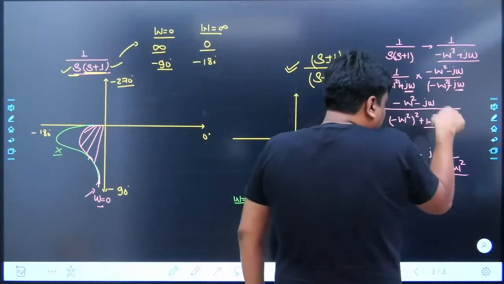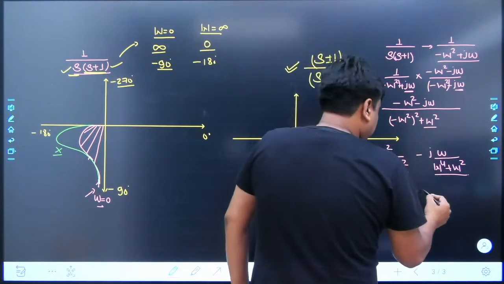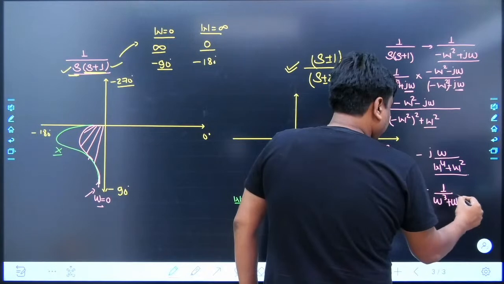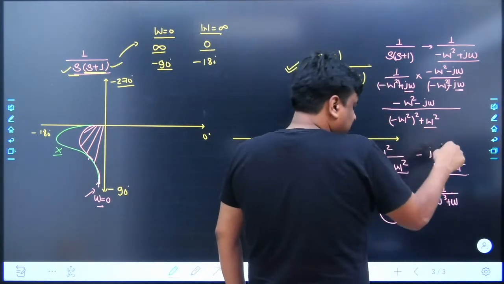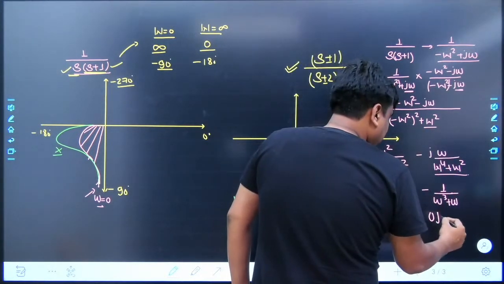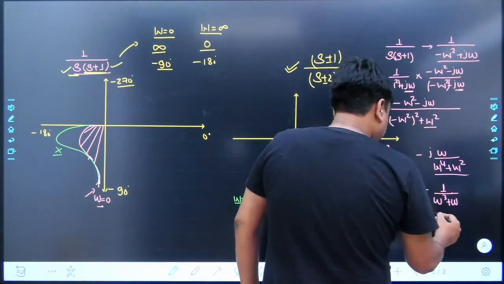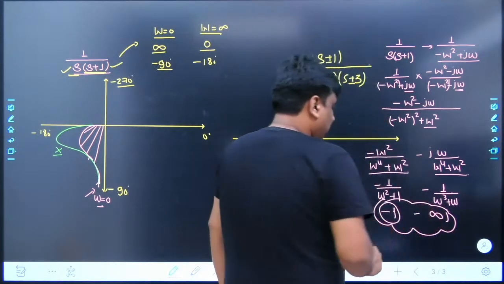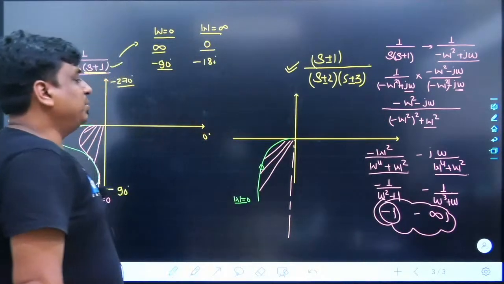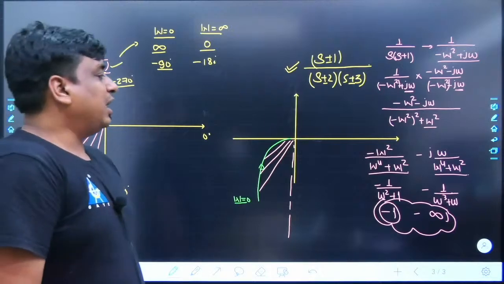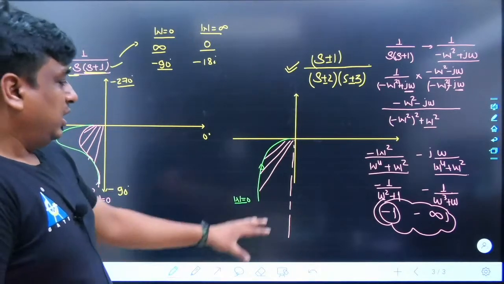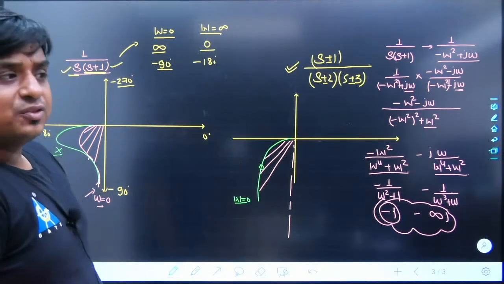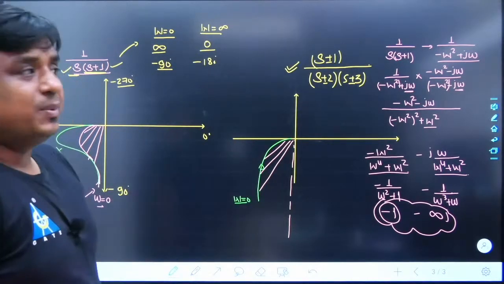And even here, if you bring omega out, what is the factor you are left with? It is going to be omega cube plus omega, and if I feed omega equals 0, this factor becomes infinity. So what conclusion can you bring out of it? If you really want to draw the polar plot in the best format, at least you should know that at omega equals 0, the real part is minus 1 and the imaginary part is infinity.